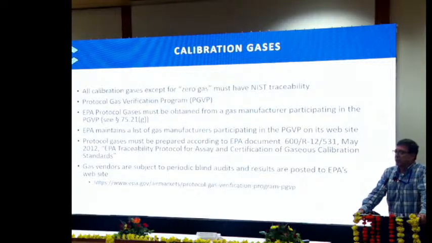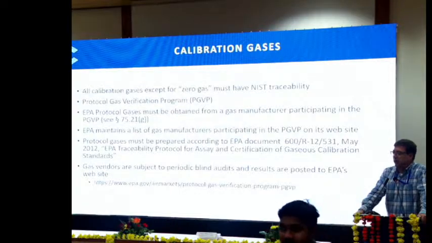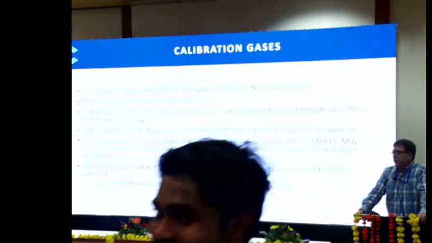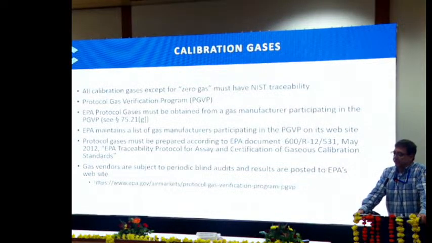The EPA established the protocol gas verification program to ensure consistency and traceability for protocol gases. EPA protocol gases must be obtained from a manufacturer participating in the protocol gas verification program. So there's a running book with approved manufacturers. The EPA maintains a list of gas manufacturers participating in the PGVP on its website.